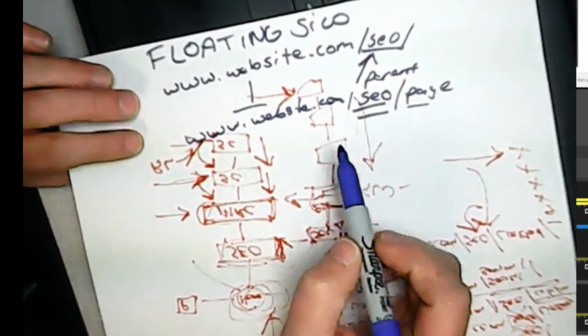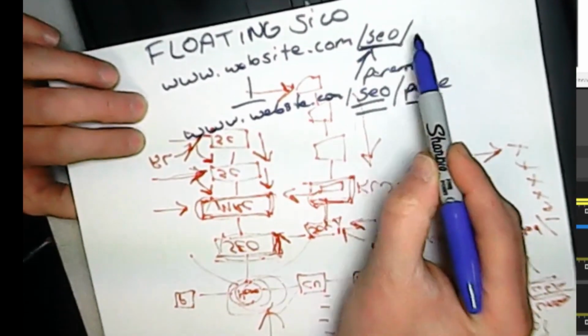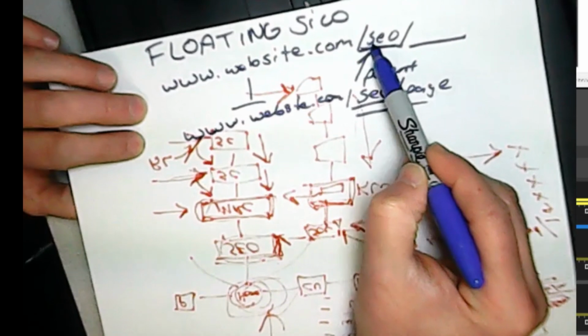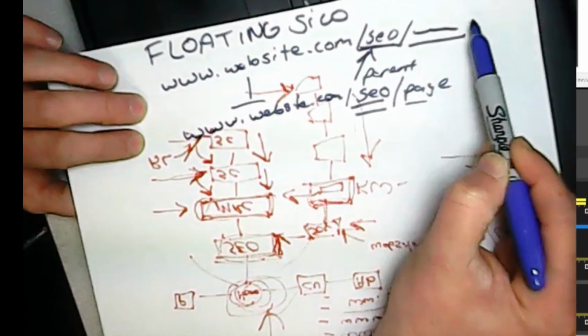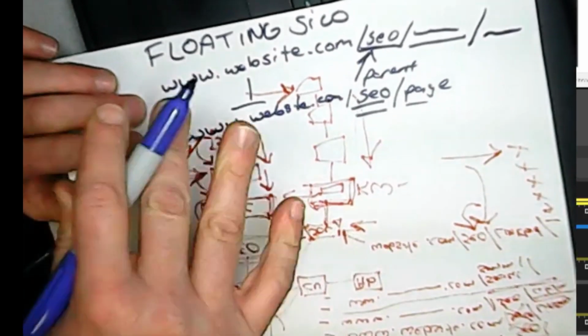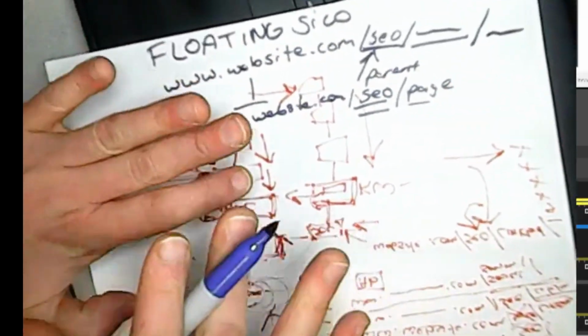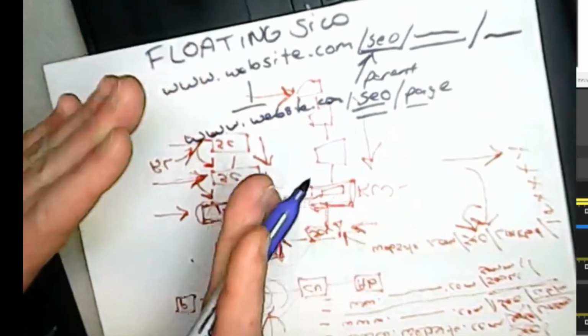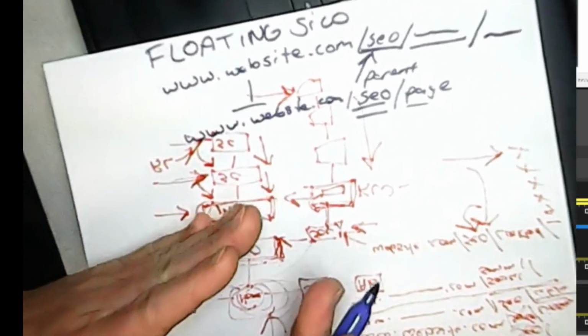So instead of saying, okay, this is the parent page, and every page after that will include this, and then my other topic, and then you would maybe have another topic idea. Instead, a floating silo is just changing it in the URL level or within the slug.